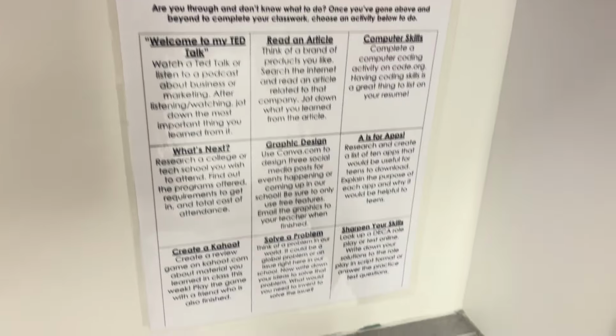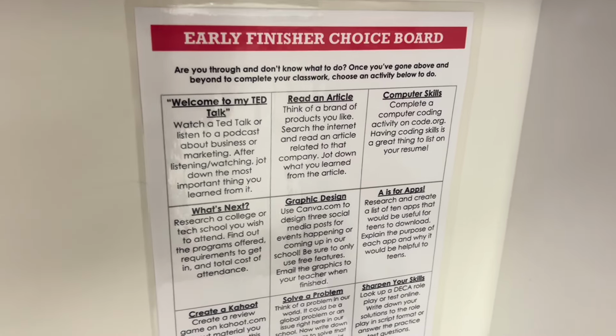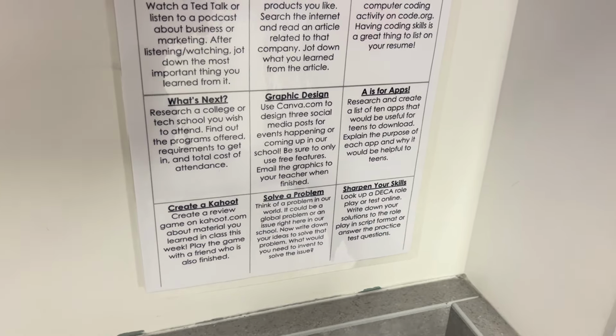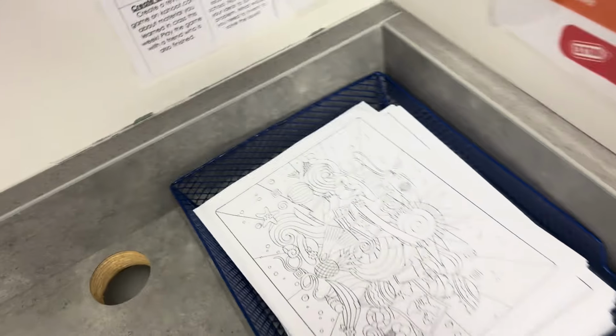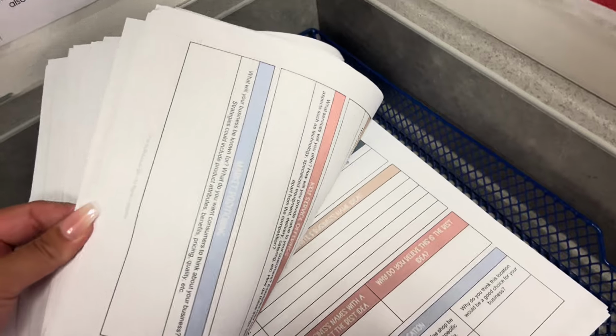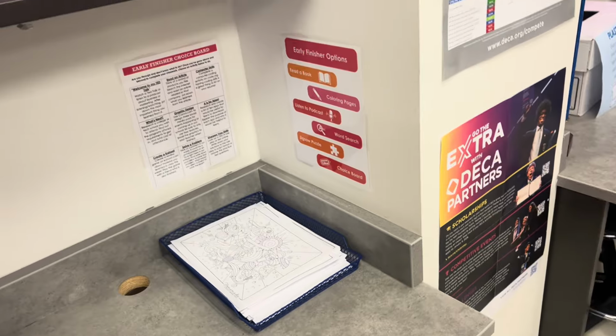You have to do 3 activities, and for every 3 activities you do, you can get a point back on an assignment. So they're all related to what we learn in class. And then I also have this, which is filled with different kinds of activities and coloring sheets as well. So yeah, try to get them off their phones and work on that stuff.